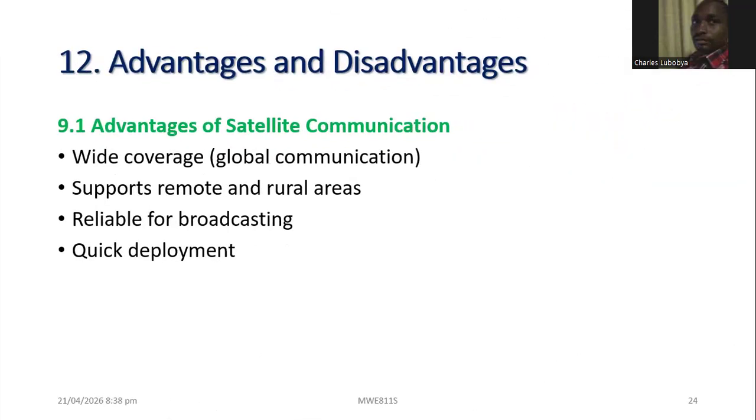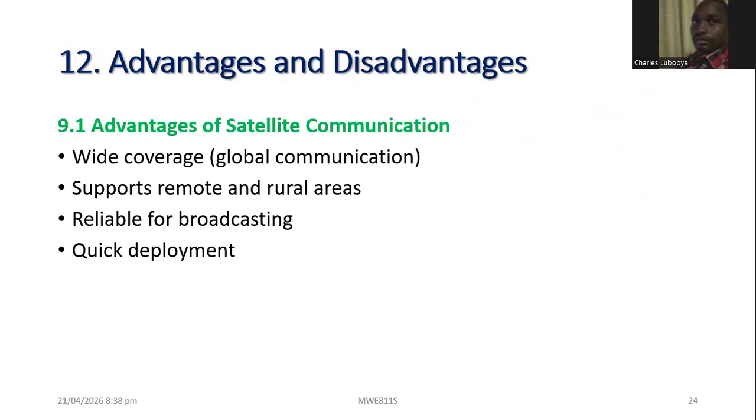So what are the advantages and disadvantages of satellite? Number one, when you talk of advantages, satellite communication offers wider coverage. You can have a global communication by just planting a number of satellites in the space, and these are communicating with a number of stations here on Earth.